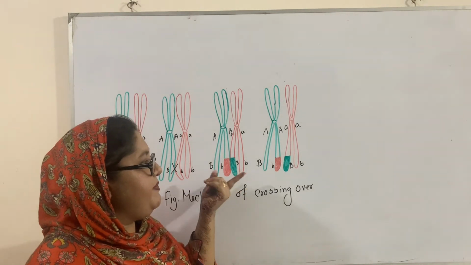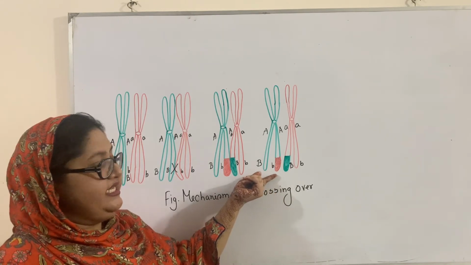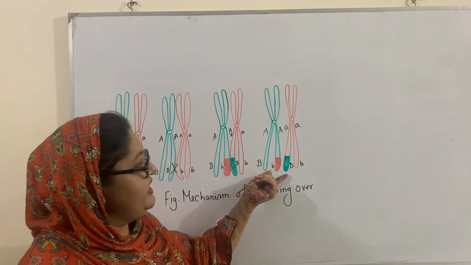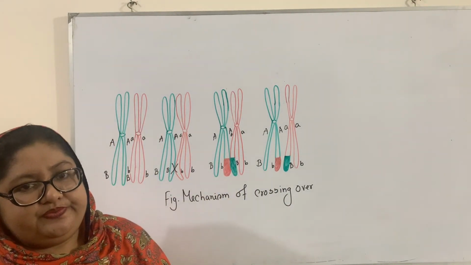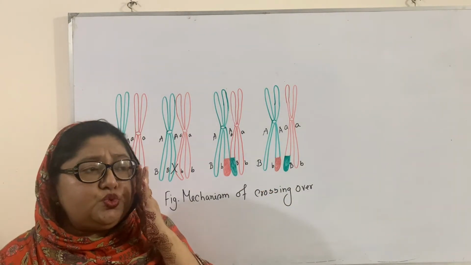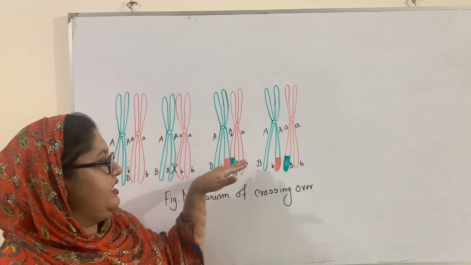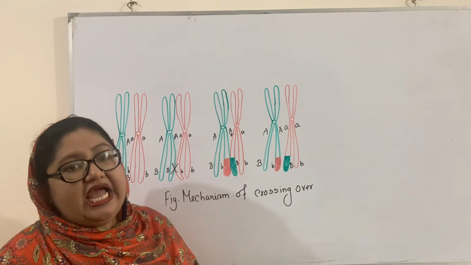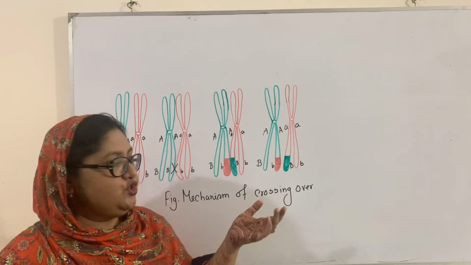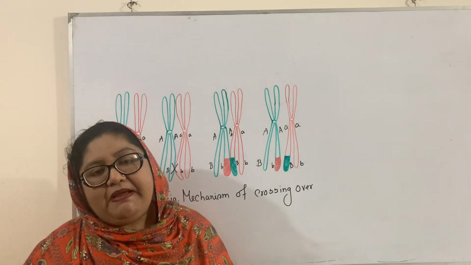At the end of the pachytene stage, you can see that two non-sister chromatids have exchanged their parts, and there is a new combination in these two parental chromosomes. Two enzymes are involved: one is the endonuclease enzyme that helps to break these two parts of the chromatids, and another is the ligase enzyme that helps to rejoin these two parts. Thus crossing over takes place during the pachytene stage.